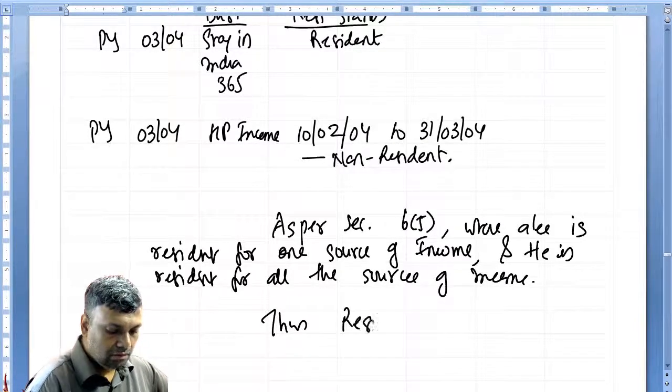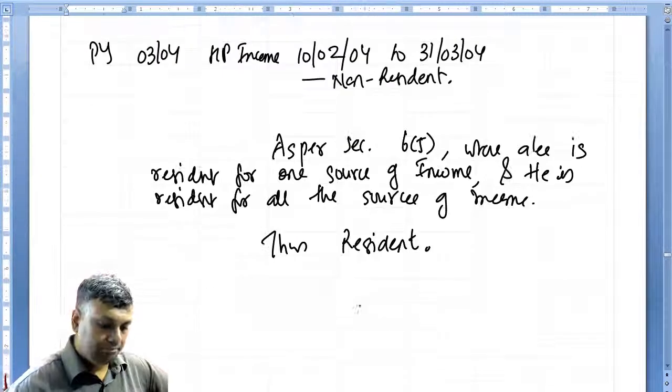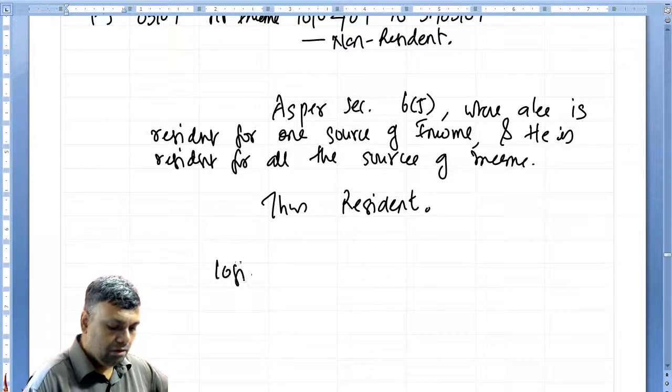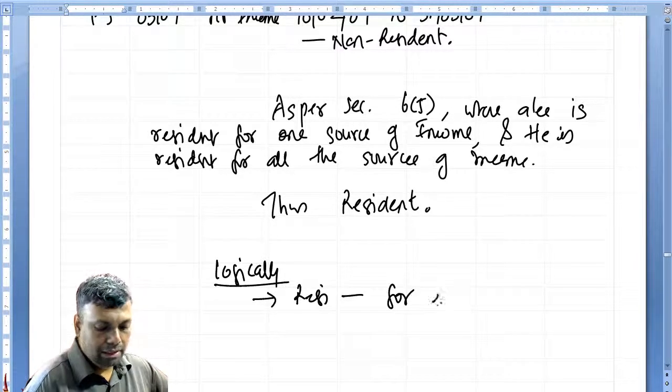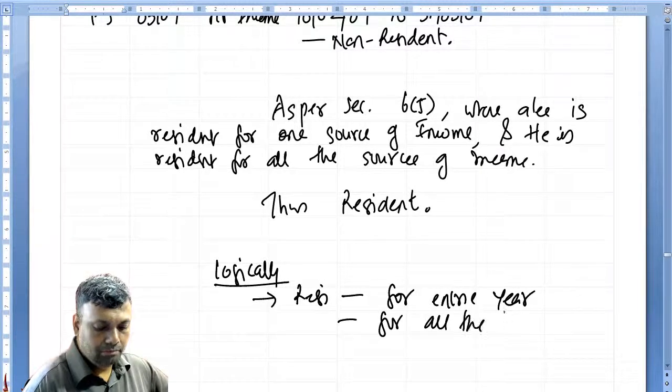Thus, he is resident. Logically, resident is for the entire year and for all the types of income.